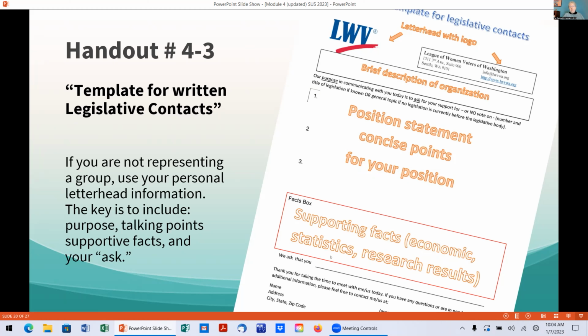There's a box for providing the supporting facts, and a place for you to say, we ask that you, the thank you, and your contact information. It's all there on that form. If you are not representing a group, it's okay. You can still use this form and just put your personal information in. The key is to include your purpose, your talking points or story, your supportive facts, and your ask.